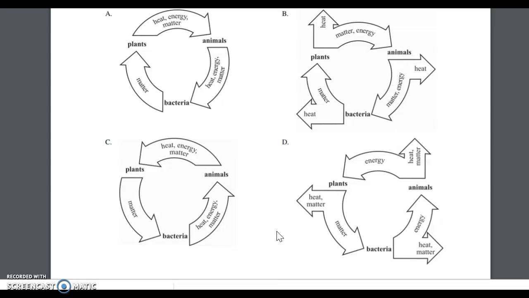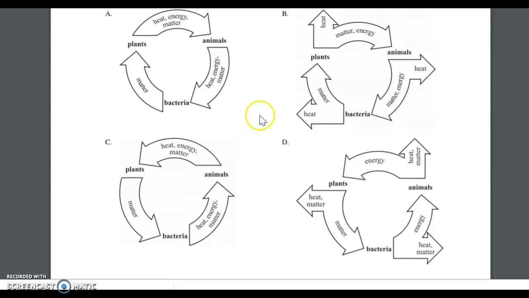And we say that the majority of that other, well, it's used up in biological processes, such as cellular function and breathing and respiration, carrying out respiration, those kind of things, uses up some of that energy. And then we said a lot of that energy is given off into the atmosphere as heat.